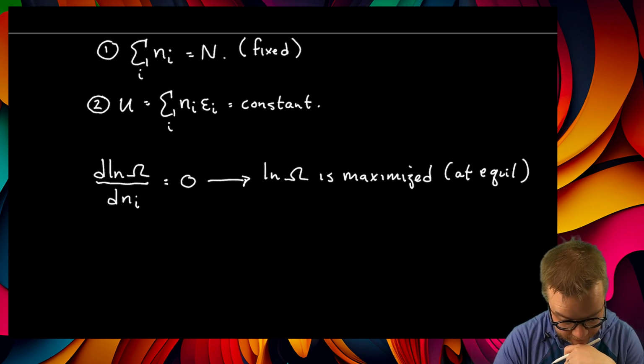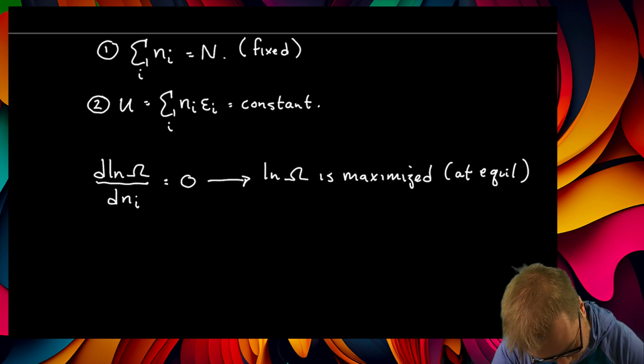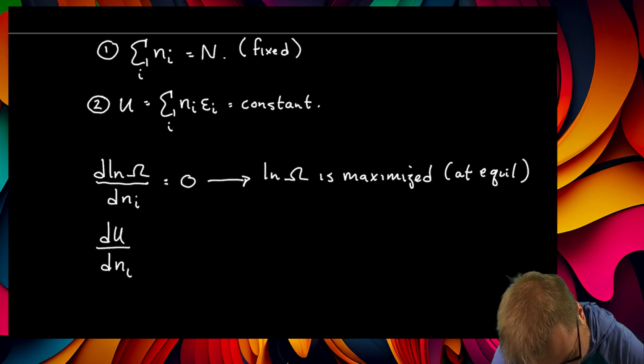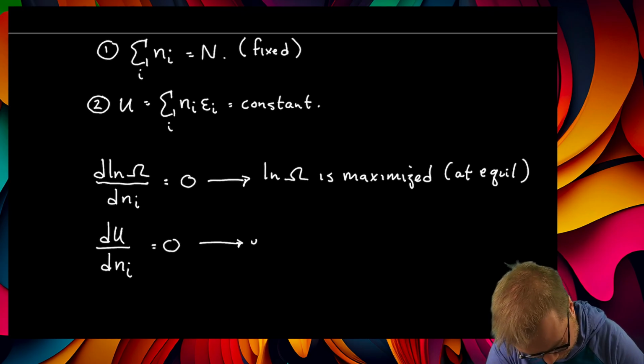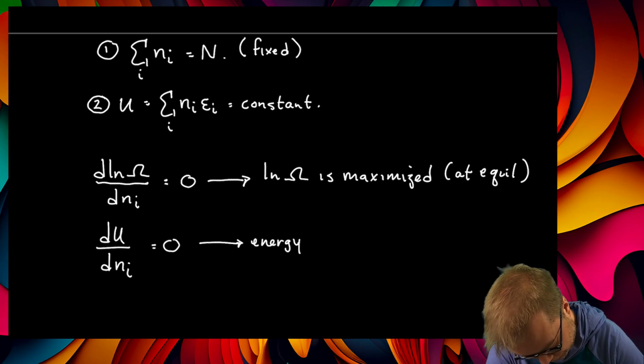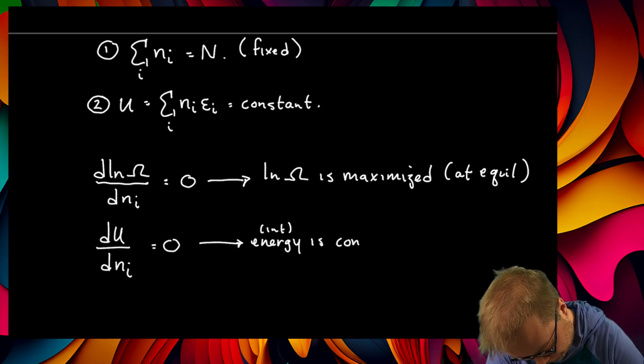Furthermore, the internal energy shouldn't change, and so the derivative of our internal energy with respect to n_i should equal 0, which means that internal energy is constant.